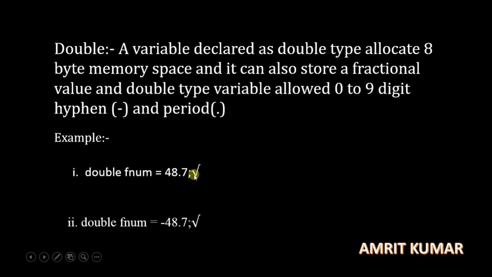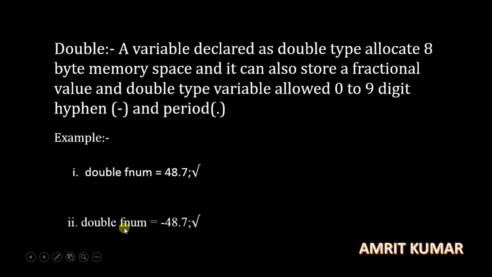Therefore we can say that this is right. 48.7, the dot is present, and 48.7 is from 0 to 9. Therefore this statement is true. So this is going to allocate memory in the RAM of size 8 byte and type double.